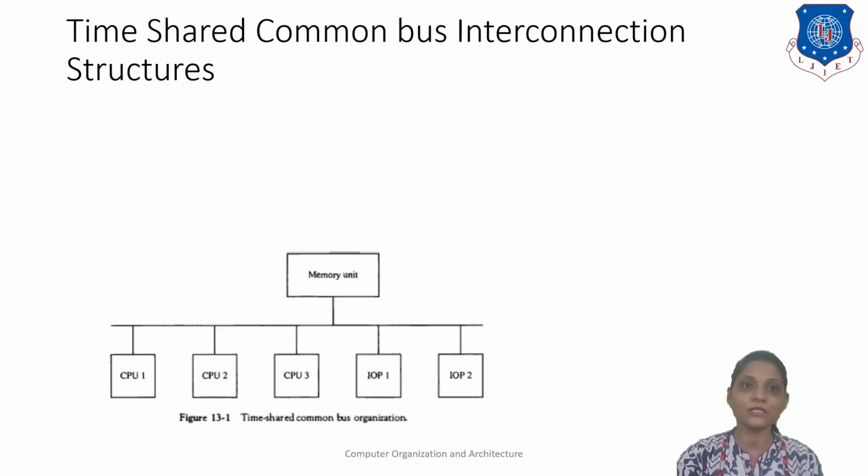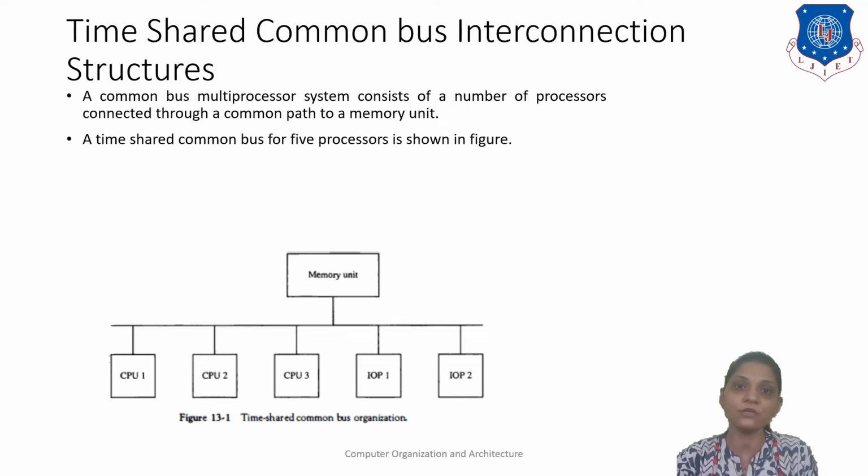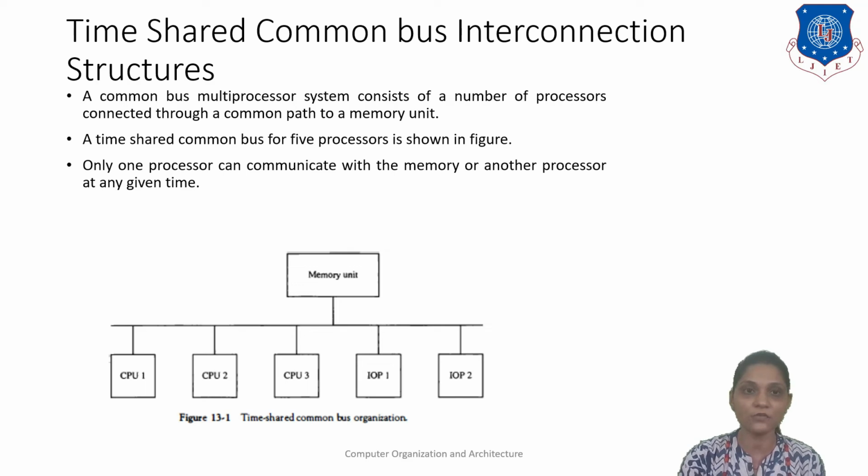Now, in the time shared structure, the common bus multiprocessor system consists of a number of processors connected through a common path, a single path, to the memory. In the time shared common bus for five processors shown here, there are three CPUs and two input output processors, sharing one common bus.